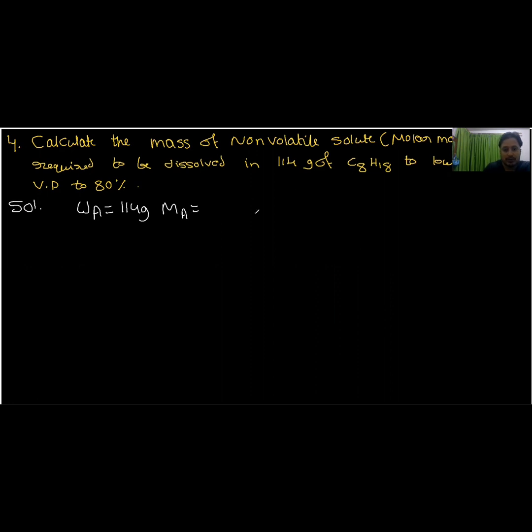From the formula it will be 114 gram per mole, because 96 is the carbon here and 18 is the hydrogen. WB you have to find, and the molar mass of the substance is given, that is 40 gram per mole. Now in this case, let us consider the pure vapor pressure as 100. Why have we considered 100? Because the things are given in percentage, so we'll be using that.